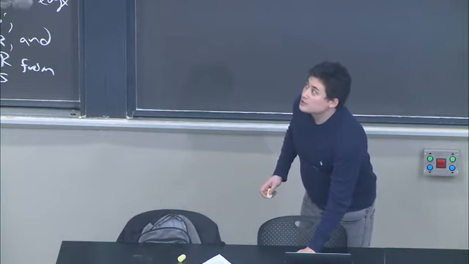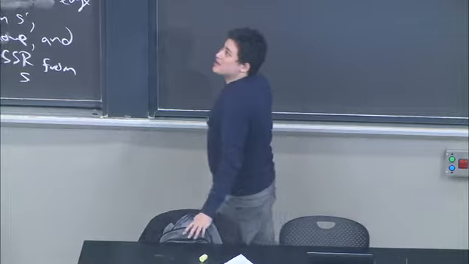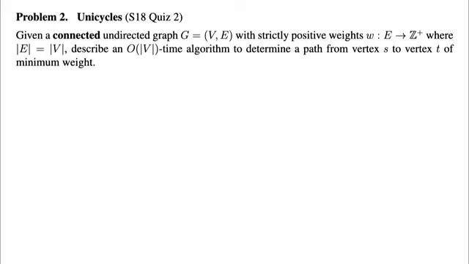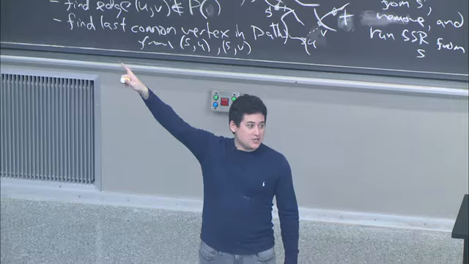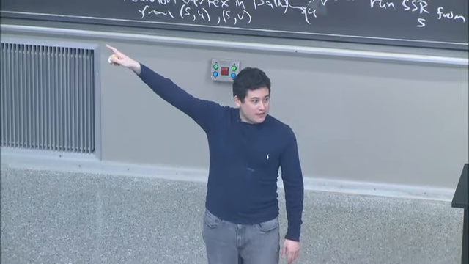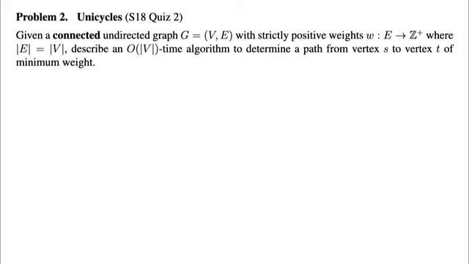There's a hint in the title. Actually, the original version of this problem said, instead of this E equals V specification, there's only one cycle in the graph. But it's in the context of undirected cycles as opposed to directed cycles, which is usually what we talk about in this class, right?